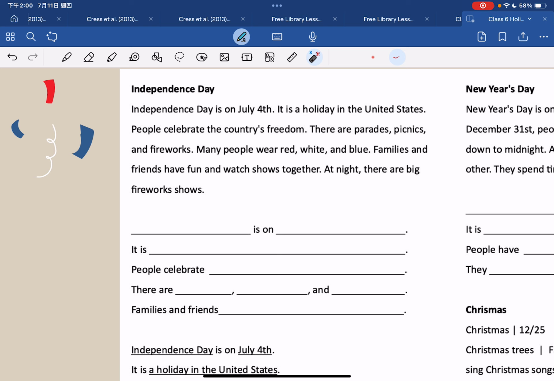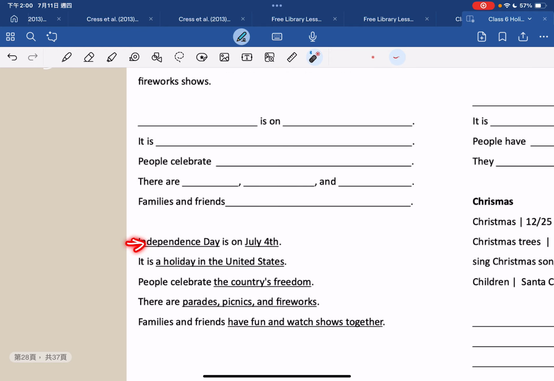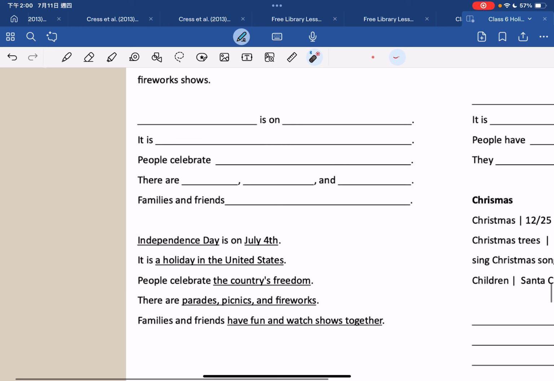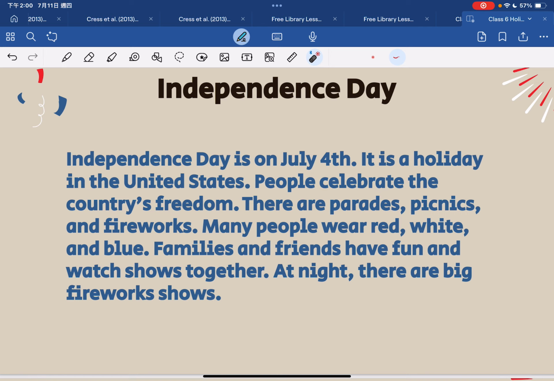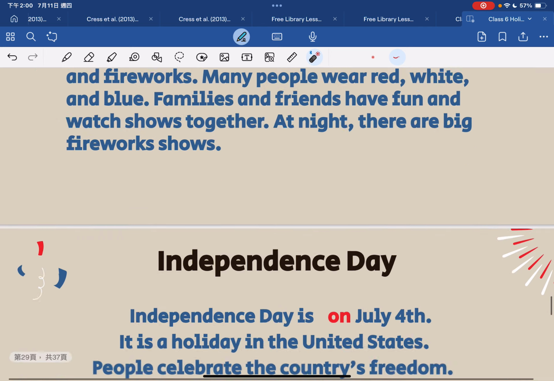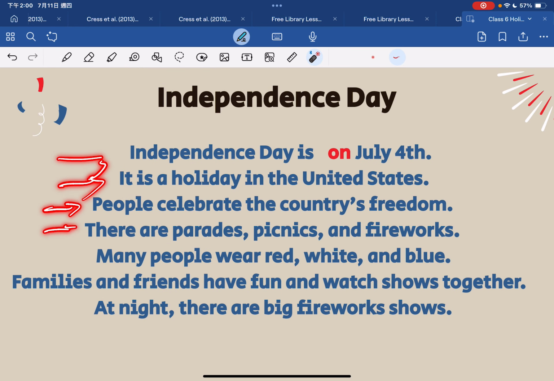If you want to read it more clearly, you can put it into separate sentences. Then it's easier because you are reading sentence by sentence. For example, here is the same paragraph, which I copied and pasted here. Now that I put it into separate sentences, it is easier for me to read, right?